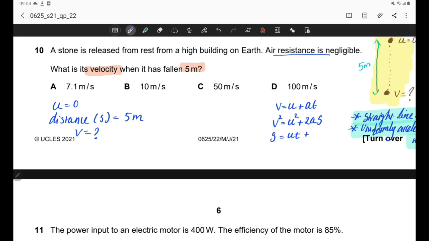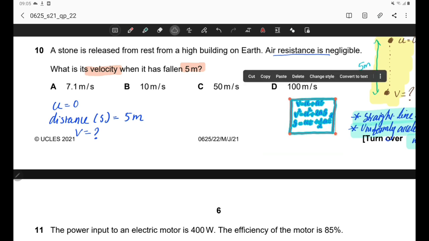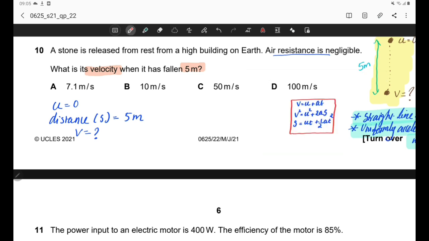So these are 3 equations known as equations of motion, which we can use for motions in a straight line and uniformly accelerated.